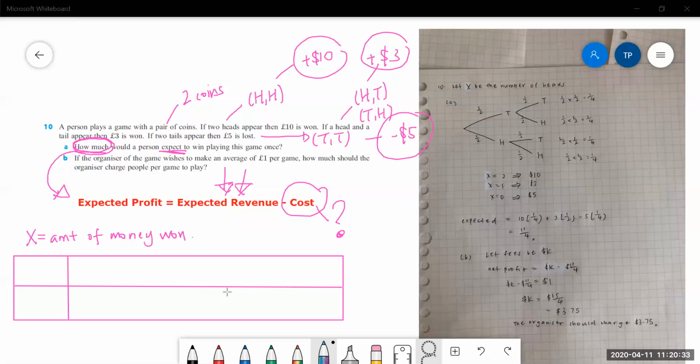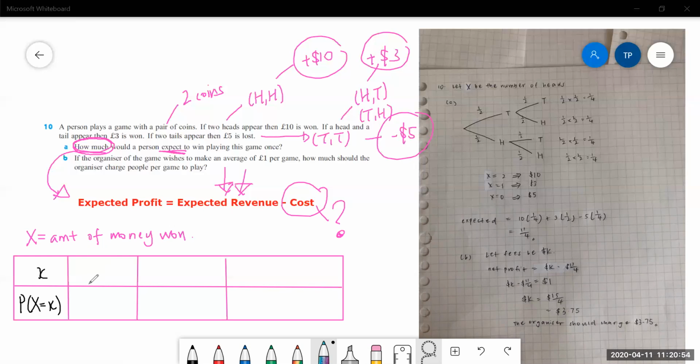So x is the amount of money won. So it can either be -5, 3, or 10, right? So over here, it will be x, probability of X equals x.